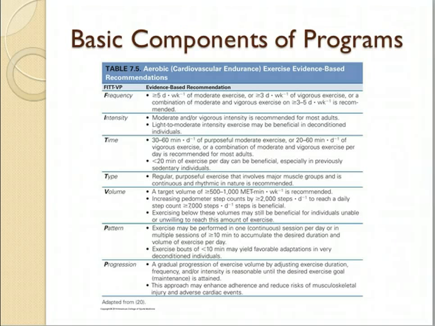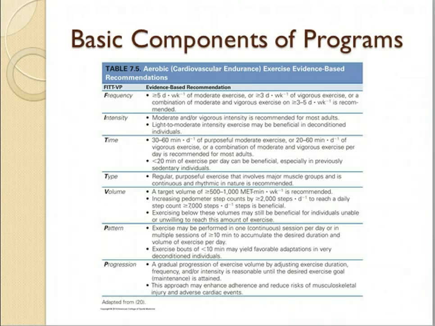Basic components of programs. So these are the ACSM recommendations. These are the brand new guidelines. So this is for aerobic conditioning. So you will really have to know how to manipulate these. If you take the certification, you have to know these off the top of your head. So we've always done frequency, intensity, time, and type, called FITT.